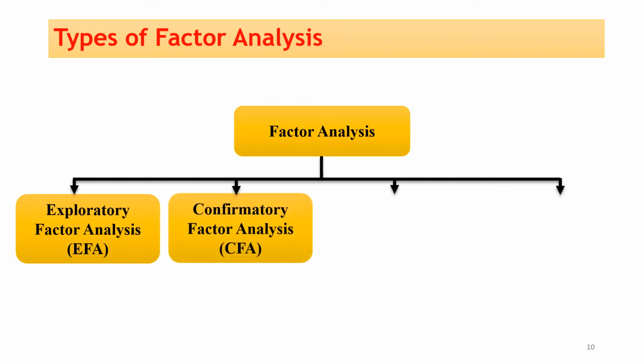Then the second type of factor analysis is confirmatory factor analysis or CFA. Confirmatory factor analysis is a more complex approach that tests the theory that the items are associated with specific factors. It uses a properly structured equation model to test the measurement model, whereby loading on the factors allows for the evaluation of the relationship between the observed variable and the unobserved variable.